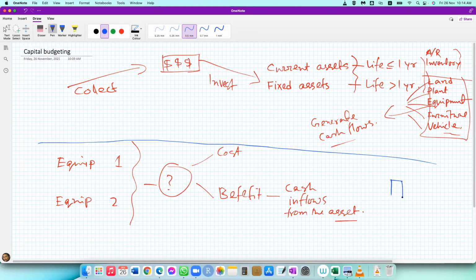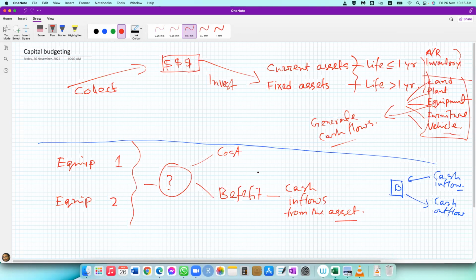Okay, let's say this is the business organization. So when cash is coming in, we call it cash inflow. And when the cash is going out of the business organization, we call it cash outflow, flowing outside the organization, and that is outflow. So the benefits are actually measured in terms of the cash inflow from the asset.